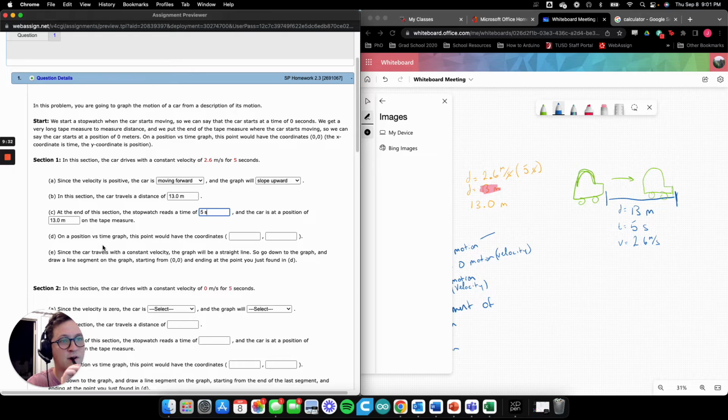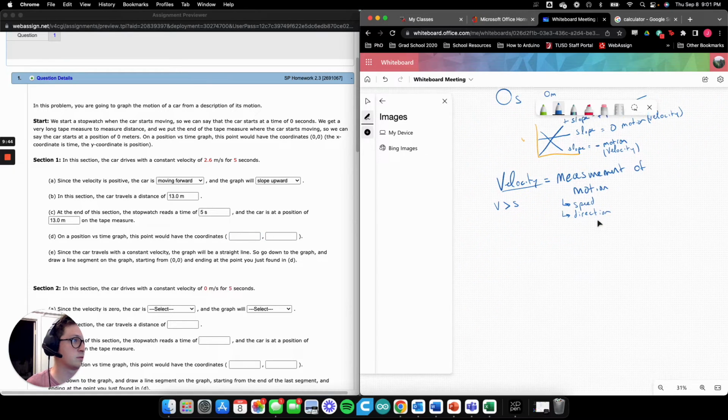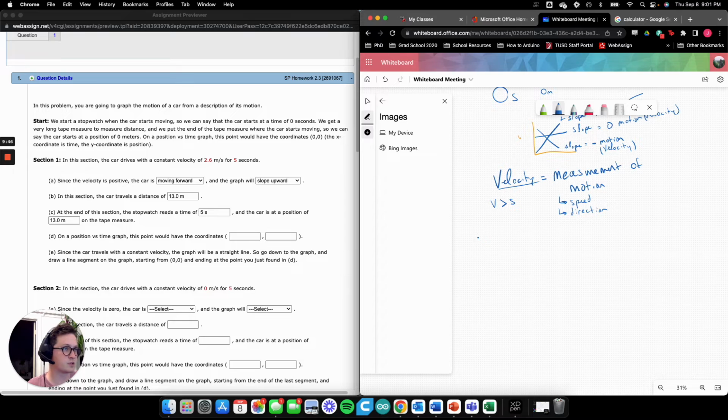Okay, on a position time graph, the coordinates would be... so time goes on the x-axis. Remember, on a position time graph, there's the x-axis, here's the y-axis.